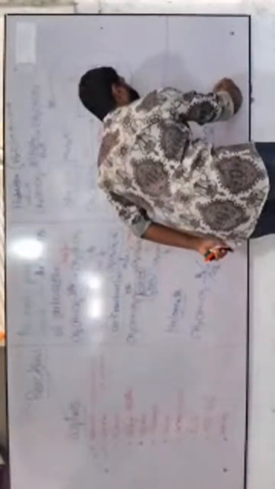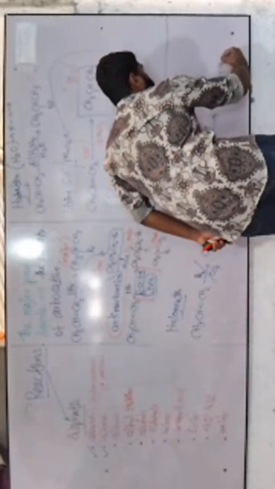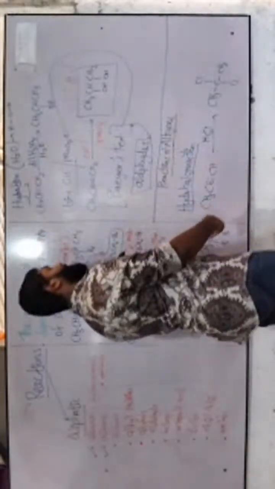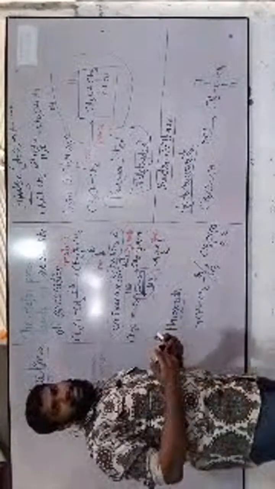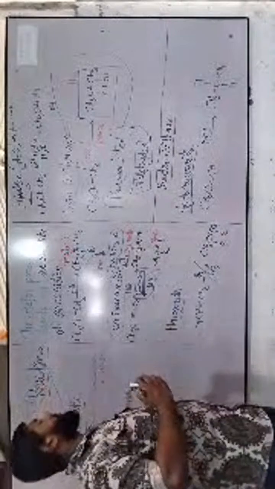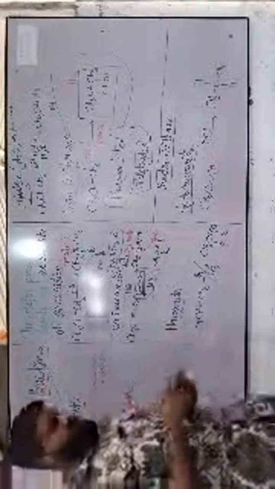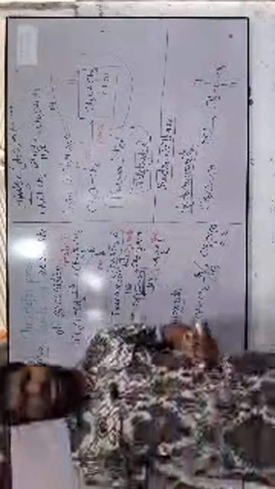So what is the product you will get? CH3, CCl2, CH3. This is the product that you are going to get. This is for the hydrohalogenation part. All the concepts that I explained will be the same for these compounds also.